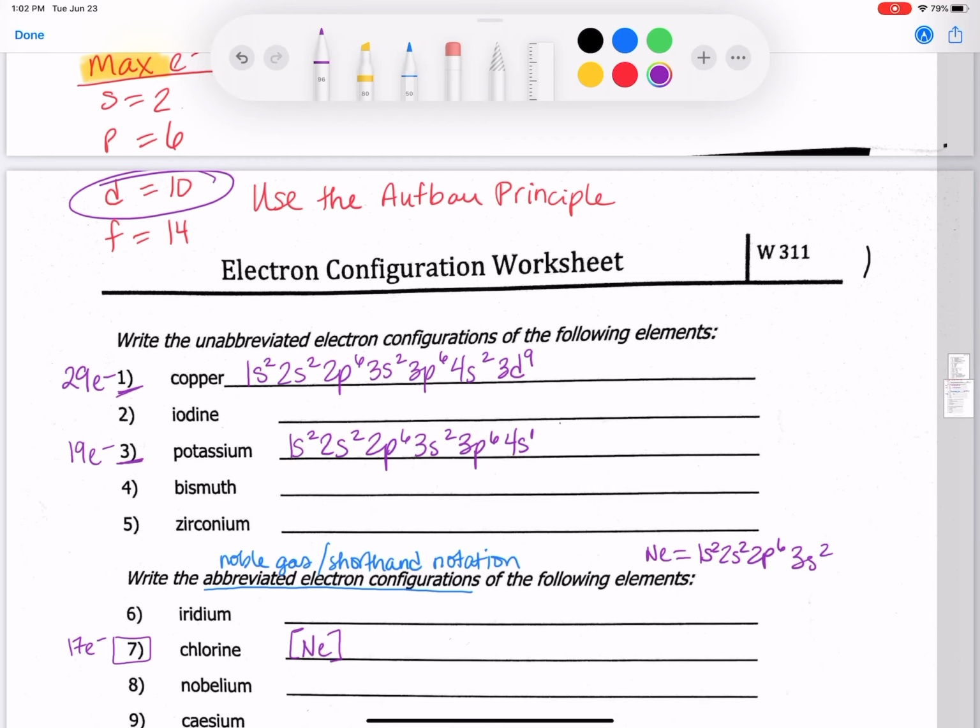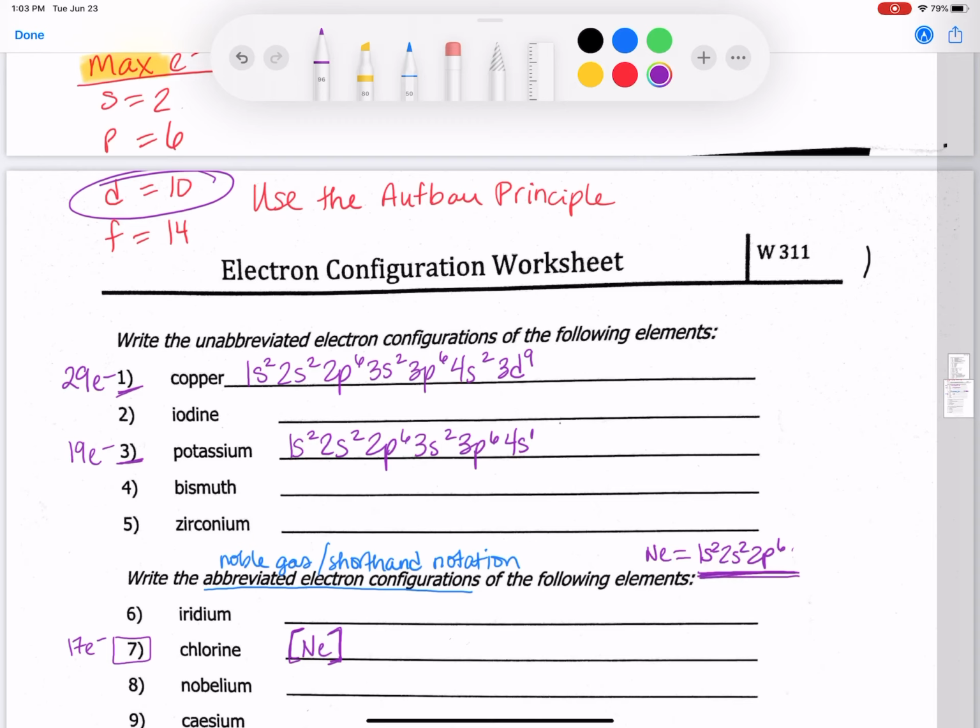I've gone too far. So this right here is my electron configuration for neon. Instead of writing all this out, all I'm doing is putting neon in my brackets. And that represents me writing out the noble configuration up until 2p6.